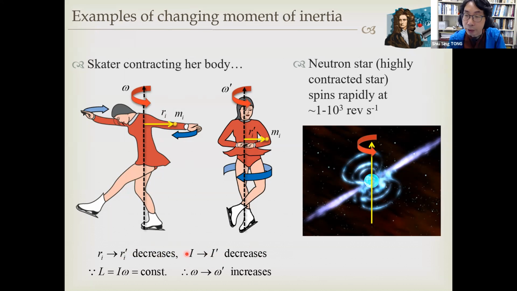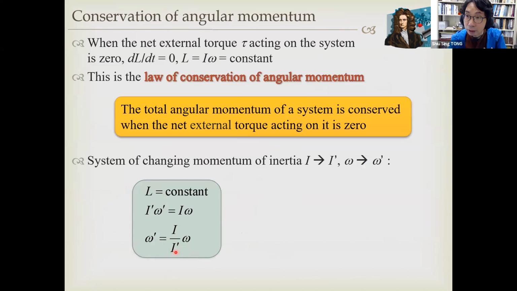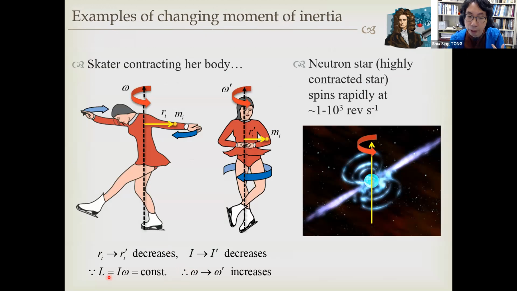The moment of inertia is the summation of m_i r_i squared, so the moment of inertia also decreases. By the conservation of angular momentum equation that we have just derived, if the new moment of inertia is smaller than the old moment of inertia, you will have the angular speed increase. Because I omega is constant, I decreasing means omega will increase.